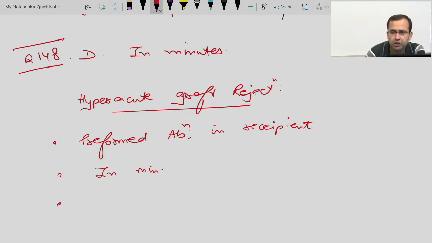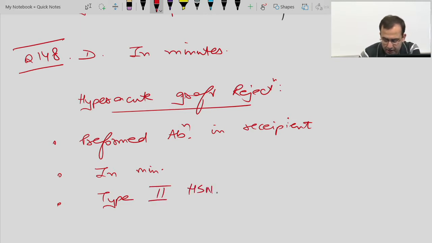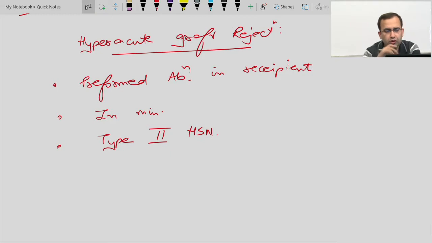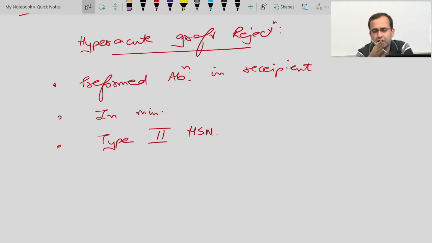This is antibody mediated. So which type of hypersensitivity reaction? Type 2 hypersensitivity. You very well know 4 hypersensitivities: type 1 is allergic response, type 2 antibody mediated, type 3 antigen-antibody immune complex reaction, type 4 delayed type. This is type 2 antibody mediated.